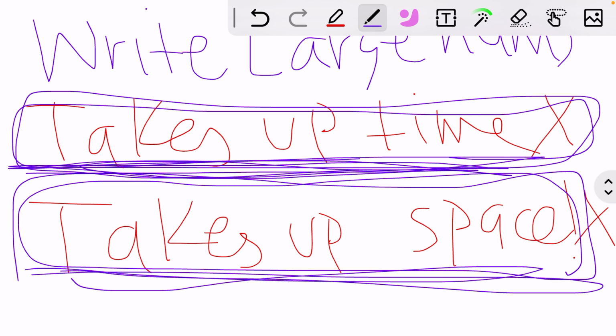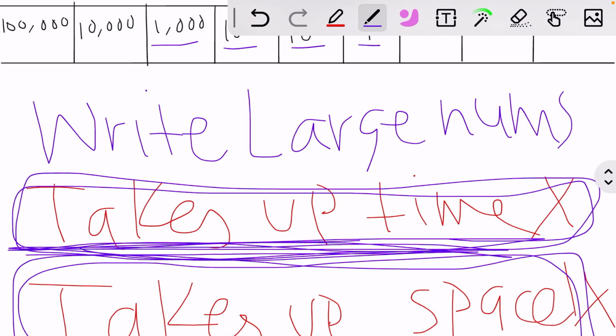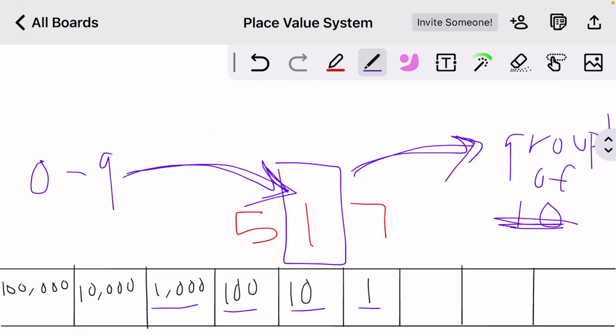So what this place value system allowed our very ancient ancestors to do was to write large numbers without taking up a lot of time and a lot of space. Let's move on to the final place for this decimal system.